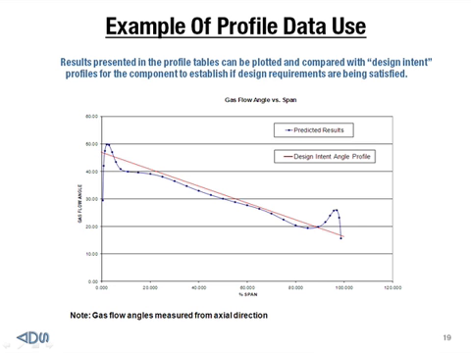Also shown is a red line, which is called the design intent angle profile, which is a streamline angle profile, and this particular streamline doesn't recognize the strong secondary flows.